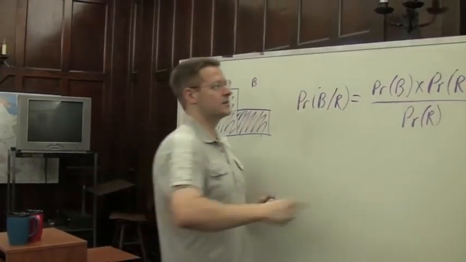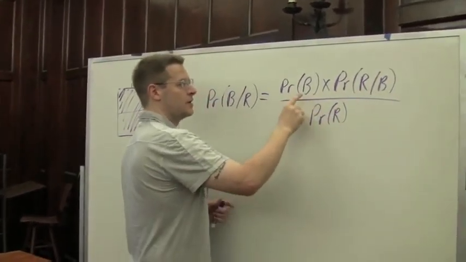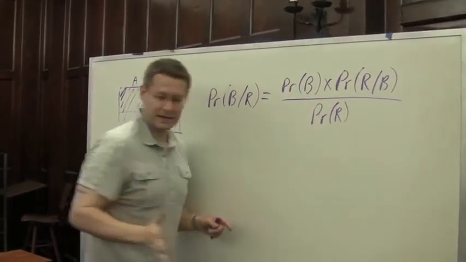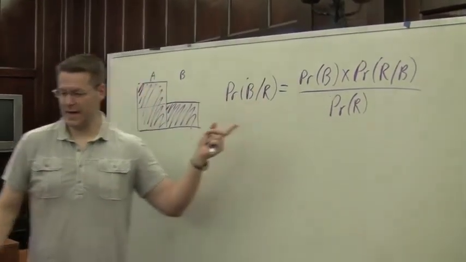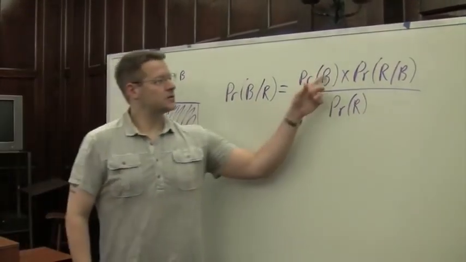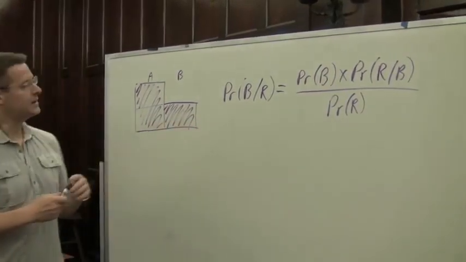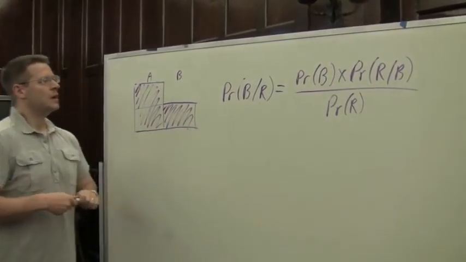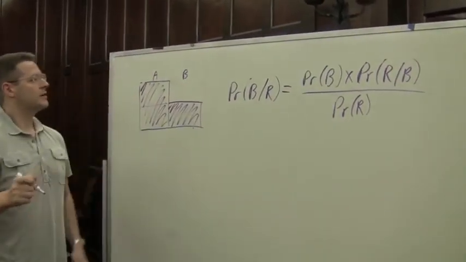Well, think about it. This stands for a number, this stands for a number, this stands for a number. You're multiplying this times this and dividing by this. That's elementary school math, so this is not very difficult mathematically. The only tricky part is understanding what these things represent, and once you've got that, you've got Bayes' theorem, because the math is very easy. So all we have to do is figure out what these mean.